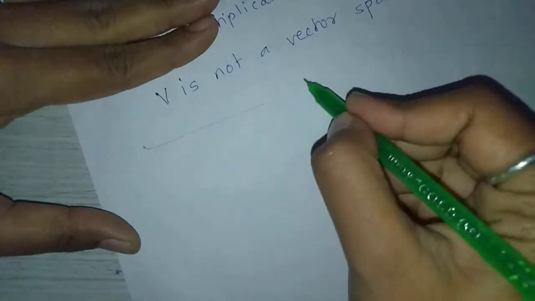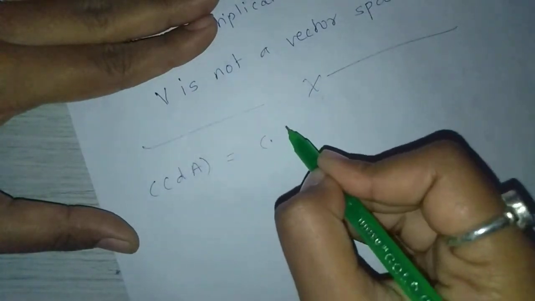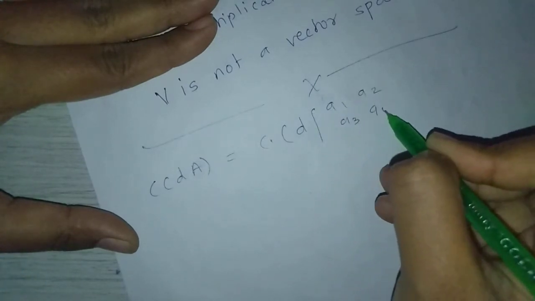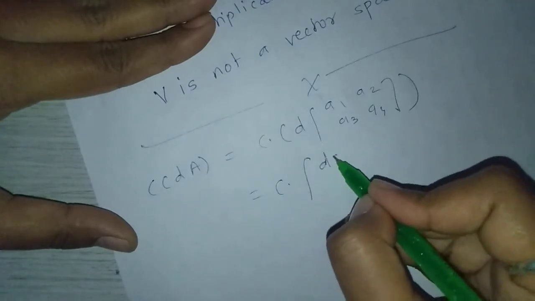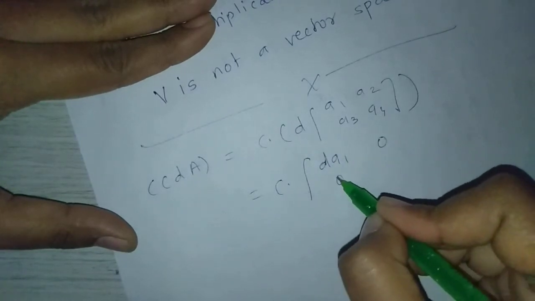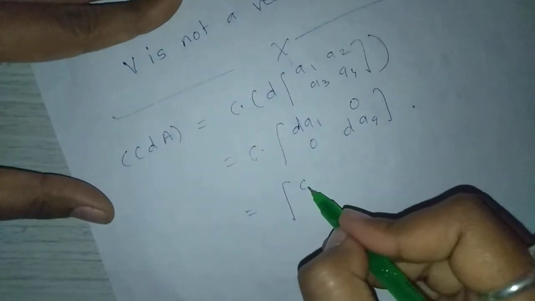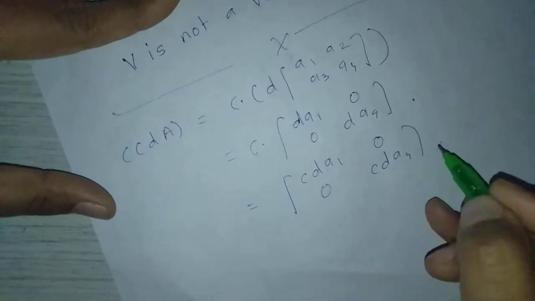For your exercise, C into D into A, where A is A1, A2, A3, A4, equal to C into, multiplication is D into A1, 0, 0, D into A4, equal to C into D into A1, 0, 0, C into D into A4.